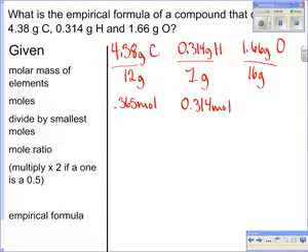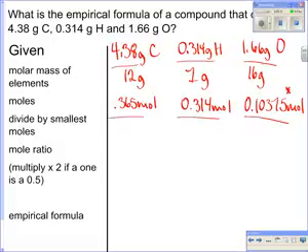And then the oxygen, 1.66 divided by 16 comes out to be, and you're going to notice that I'm going to write a lot of numbers down because it's not good to round too much on these or your next step won't come out right. So which one of these is the smallest? I need to divide by the smallest. Well, that's my oxygen. So I'm going to divide all three of the numbers by oxygen's number.